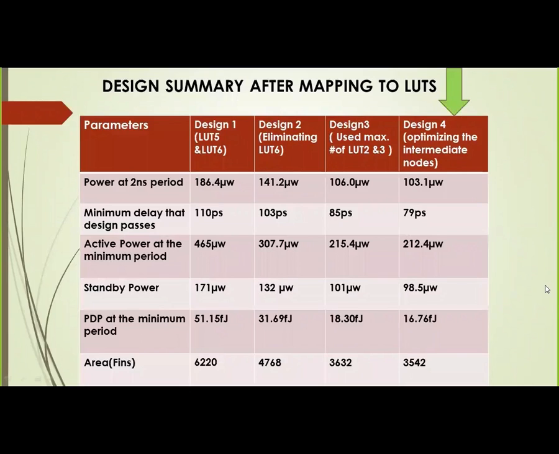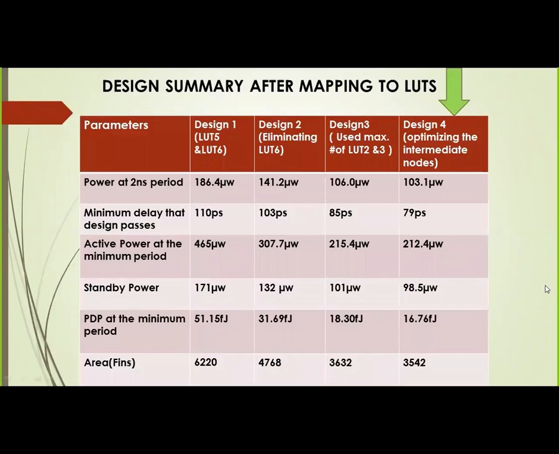In the second stage, we avoided 6 input LUTs, which not only gave better area but also less active power. There wasn't a significant difference in other parameters. In the third stage, to reduce delay, active power and area, we used mostly 2 and 3 input LUTs, which showed a significant reduction in all these parameters.